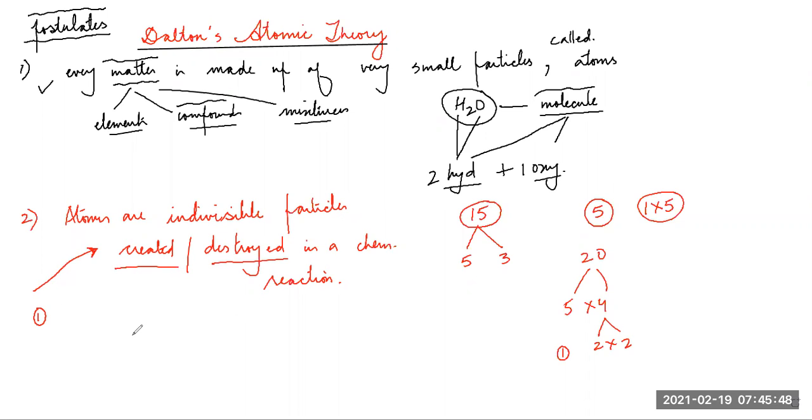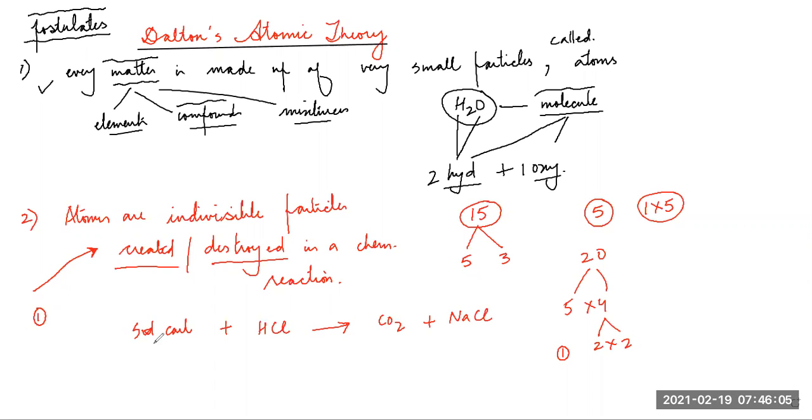So let's say we have sodium carbonate plus hydrochloric acid, HCl, giving us carbon dioxide plus salt, that is sodium chloride, right?